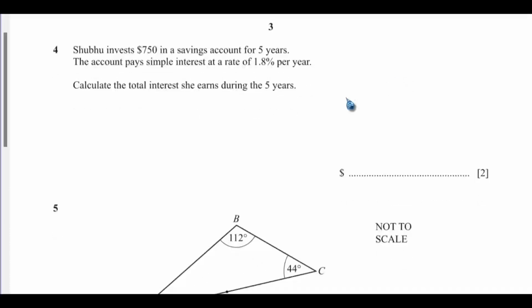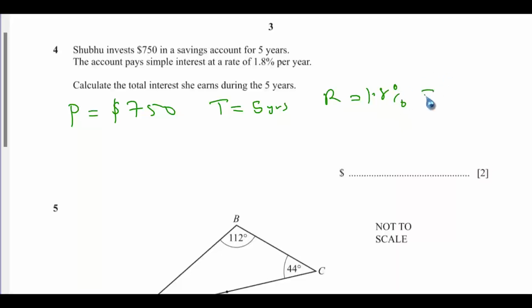Question 4. Shubu invests $750 in a savings account for 5 years. The account pays simple interest at a rate of 1.8% per year. Calculate the total interest she earns during the 5 years. The principal P is equal to $750. The time T is equal to 5 years, and the rate R is equal to 1.8%, which is the same as 0.018.